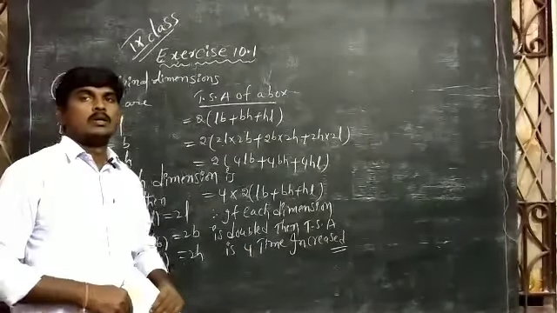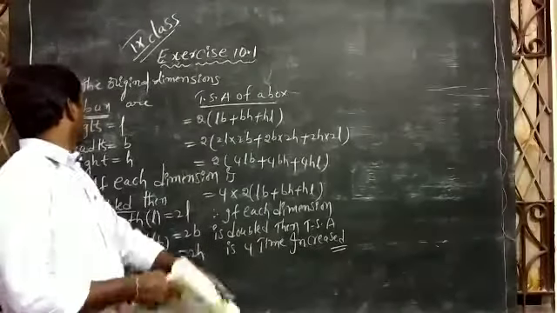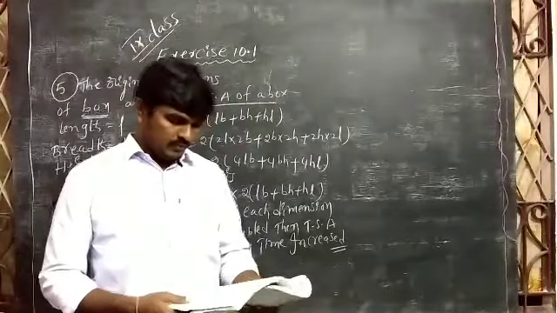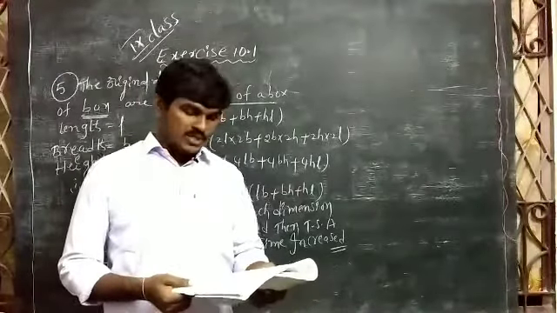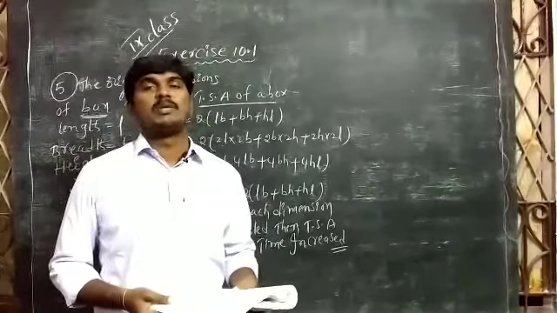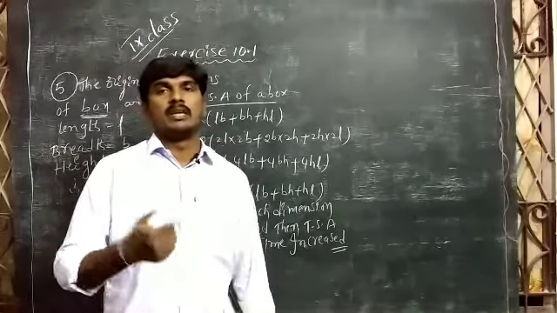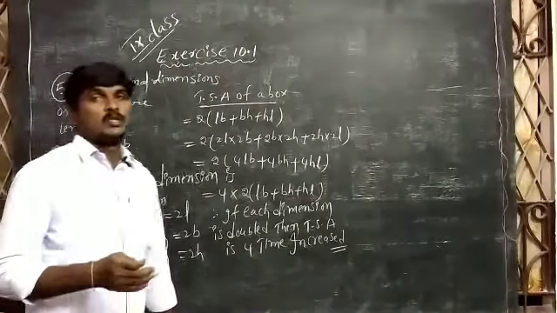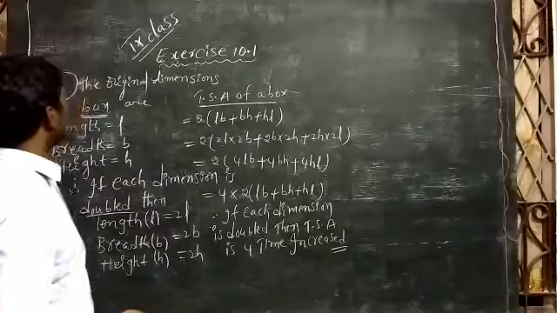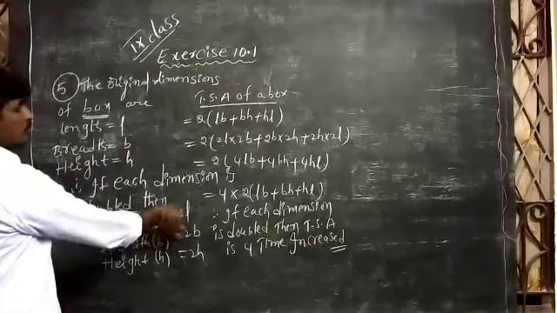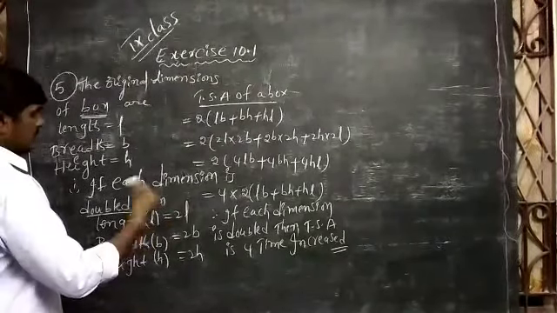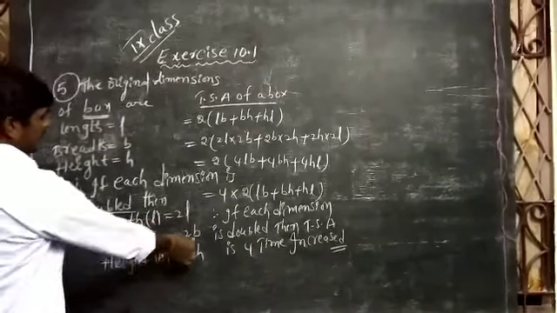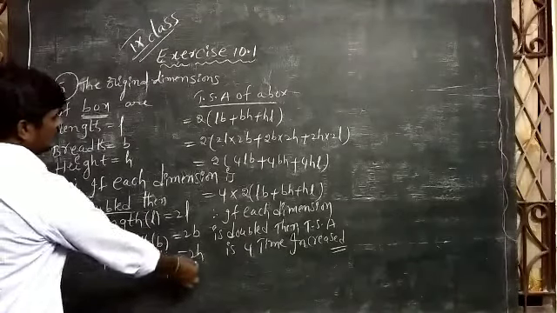Okay students, similarly we can find out the second sum. What is the second sum? If each dimension is tripled. Tripled means, very simple, you know. I will just give a hint for you. Tripled means length becomes 3L, breadth becomes 3B, height becomes 3H.